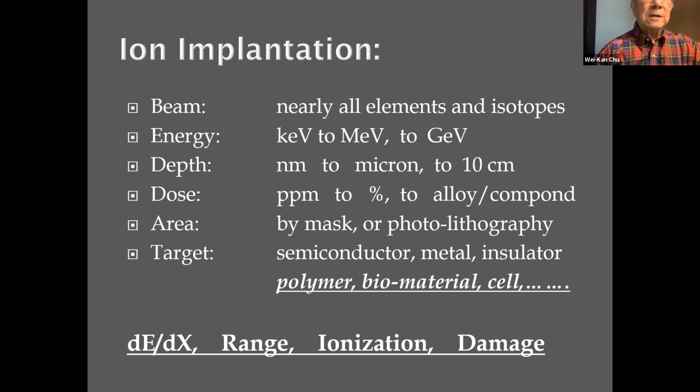But for semiconductor, we mostly use dopants like boron, arsenic, and phosphorus. Sometimes people use oxygen to implant, forming oxide, or nitrogen implantation forming nitride. Implantation can allow you to form doping, alloys, and compounds. It depends on your imagination.